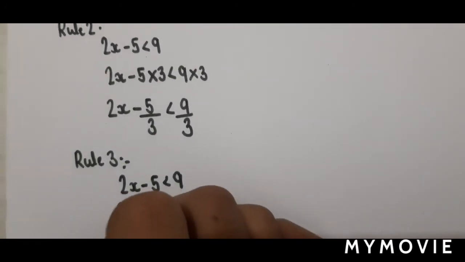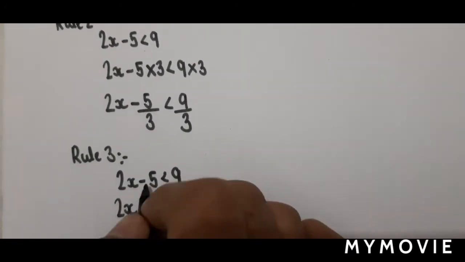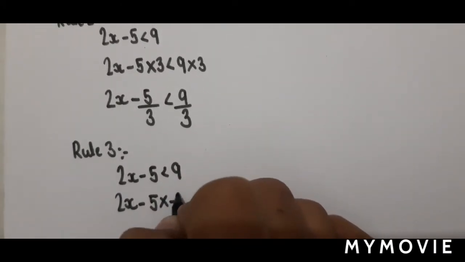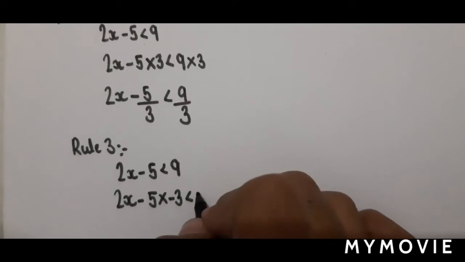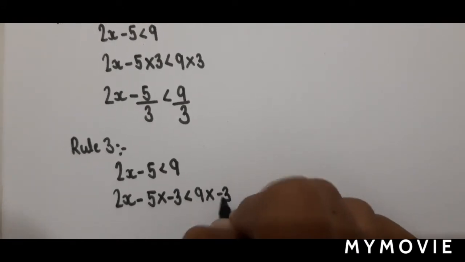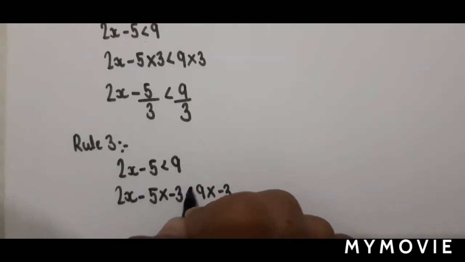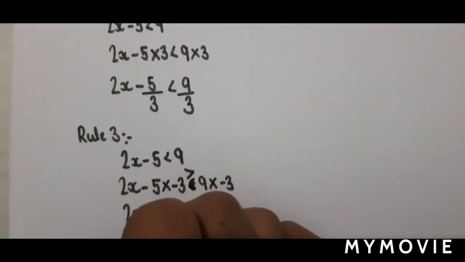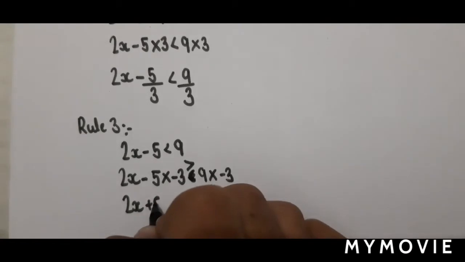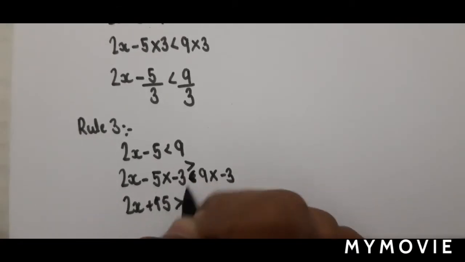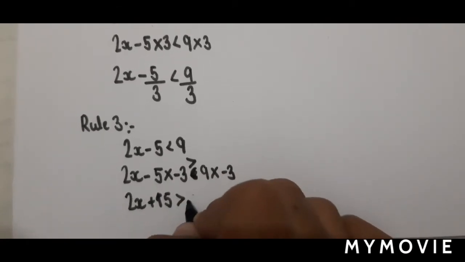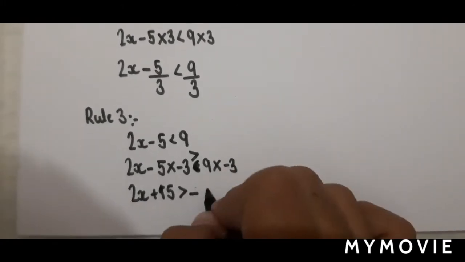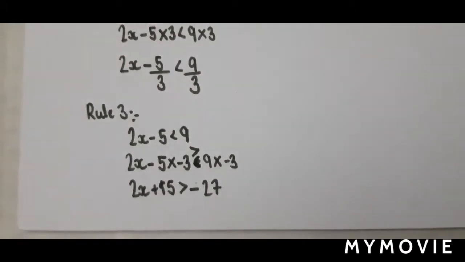See, if I divide or multiply with minus 3 on both sides, then this symbol gets changed to this symbol. So this will be plus 15. So the symbol becomes like this. So you will get this answer.